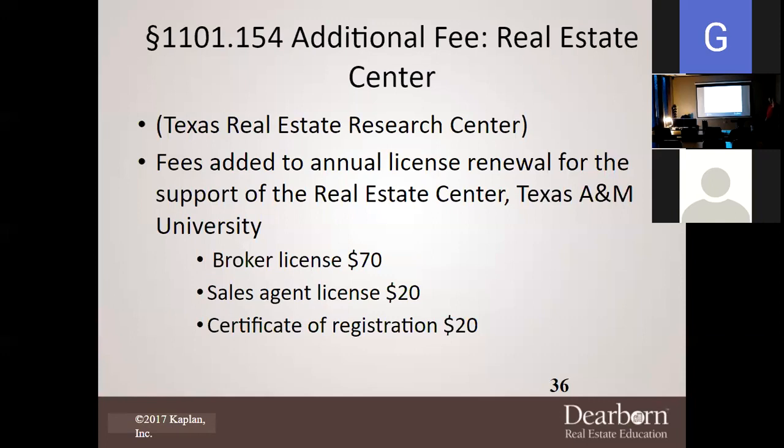I oftentimes try to bring in one of the individuals from this center. It's very difficult to get him in. For him to come in and talk to agents, depending on if they're being nice or not, can range between $2,000 to $10,000 to have somebody come talk to you. But that's why it's only once a year I have y'all talk to me.